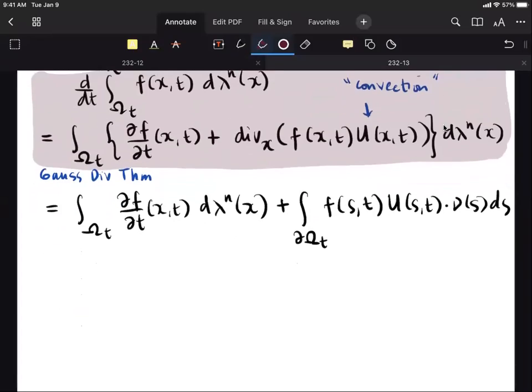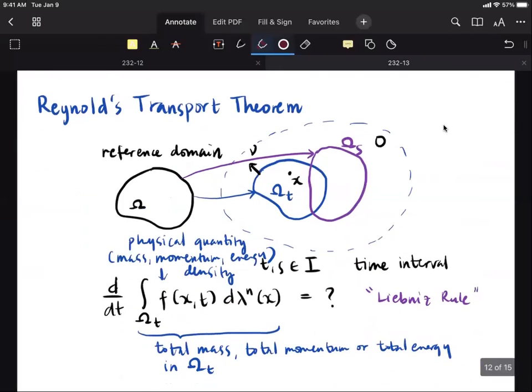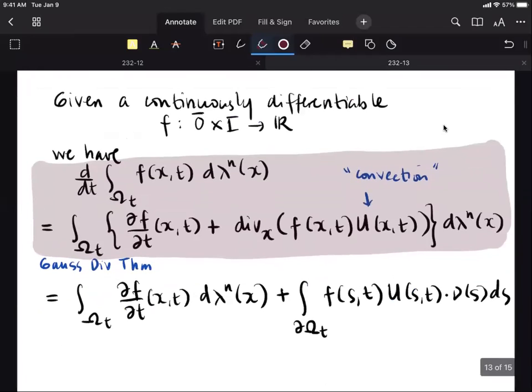Okay, so this Reynolds transport theorem, the proof is provided in the course notes.